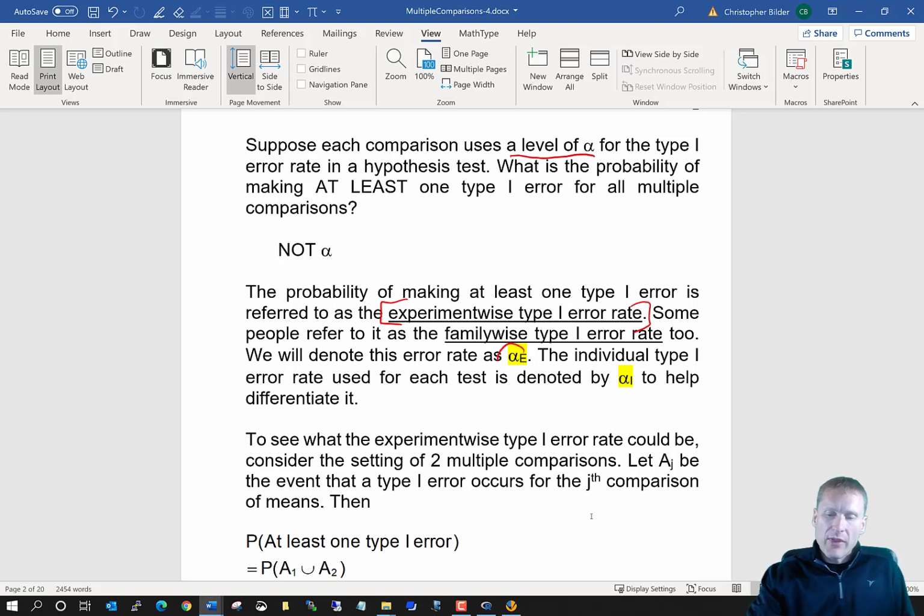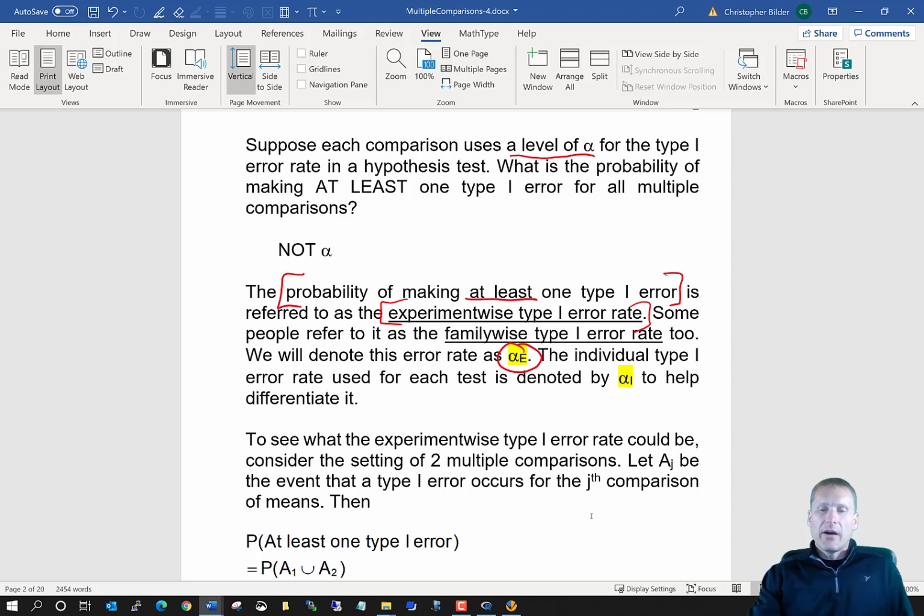We will denote that by alpha sub e, so e for experiment-wise. And what this represents is the probability of making at least one type 1 error for all the multiple comparisons that you're going to make. Ideally, we would like to be able to control that at a low value, like 5%, 0.05.